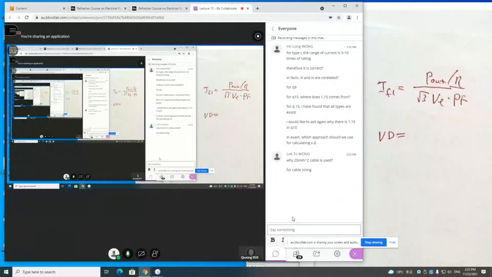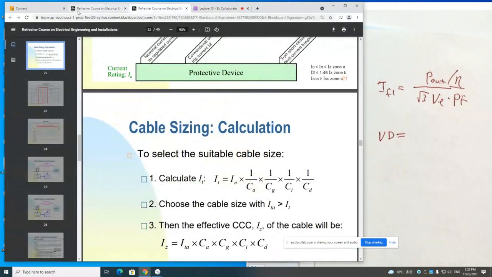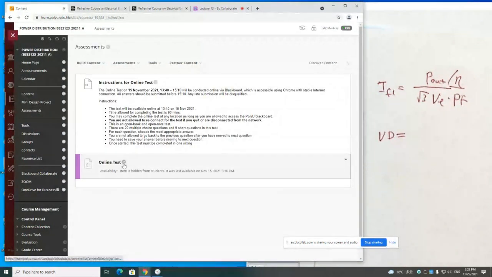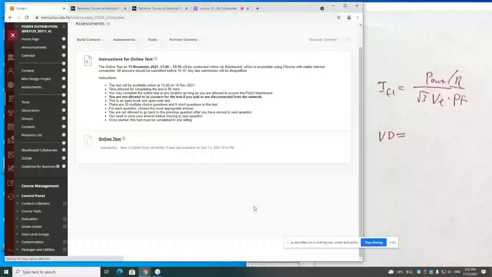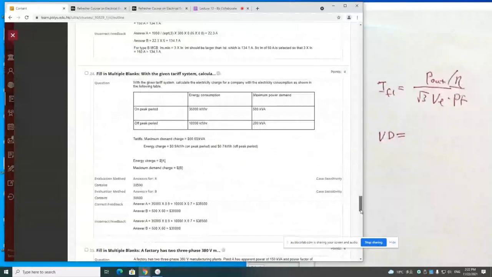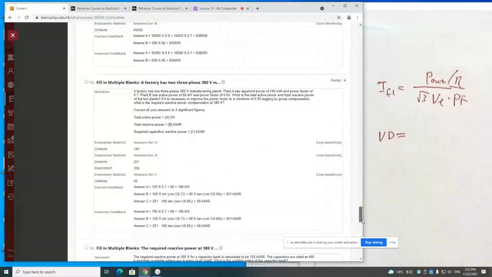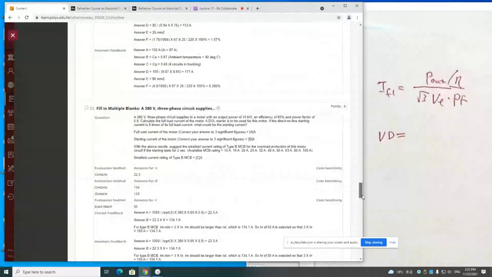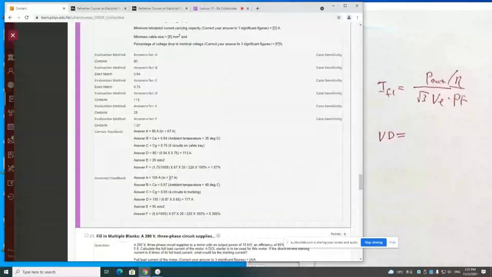Why is 25 mm squared used? This already tells you why 25.